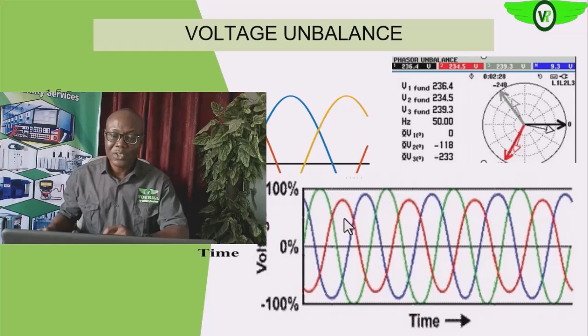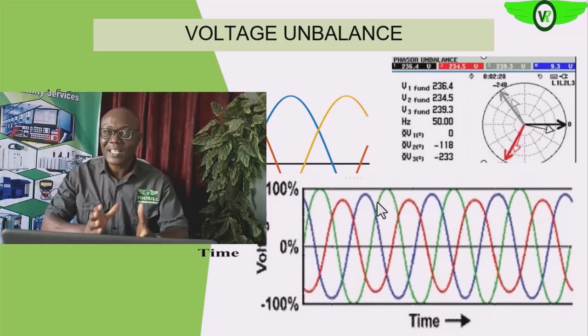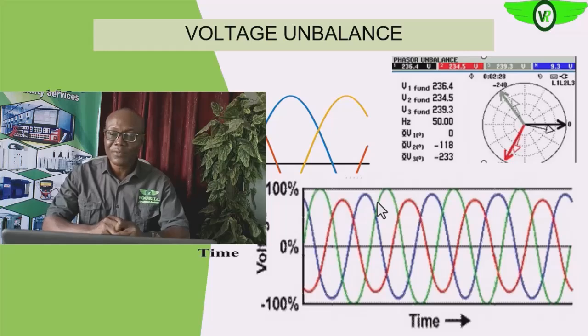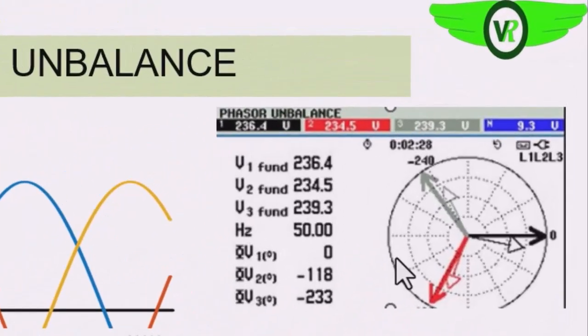Are we getting it? So once they are not equal like this, it affects the integrity of the entire system, and most especially the electric motor itself. If you look at the top right of your screen, you will see what you could observe when you use a power quality analyzer on your system.